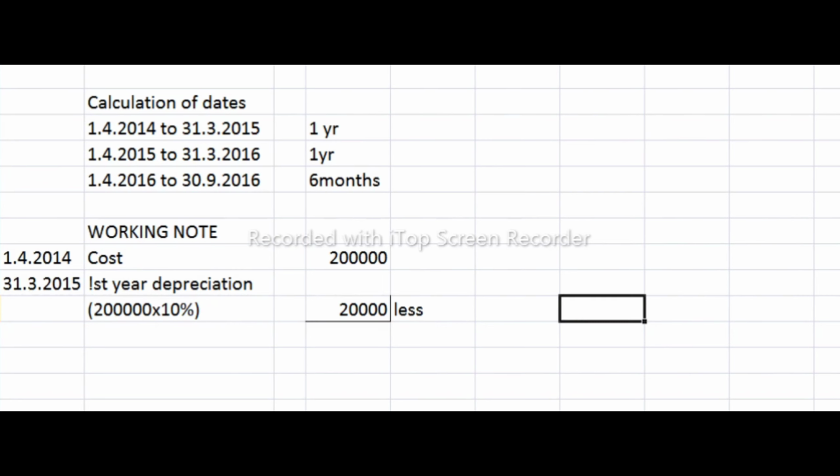So we're going to provide for 1 full year according to our calculation of dates. So 2 lakh into 10% into 12 by 12. 12 by 12 is nothing but 1, so I'm not going to write that. So 2 lakhs into 10%, simple, I can just remove one 0 from 2 lakhs, which will give me the answer for 10% of 2 lakhs, which is 20,000.